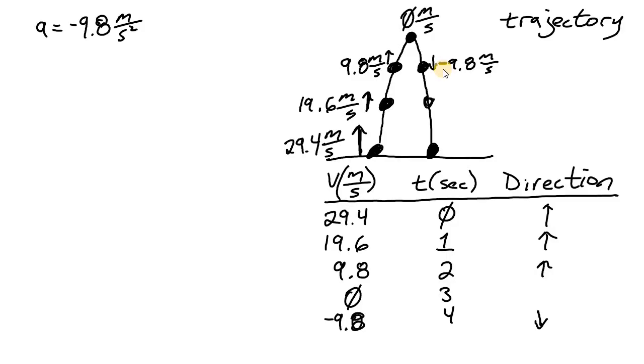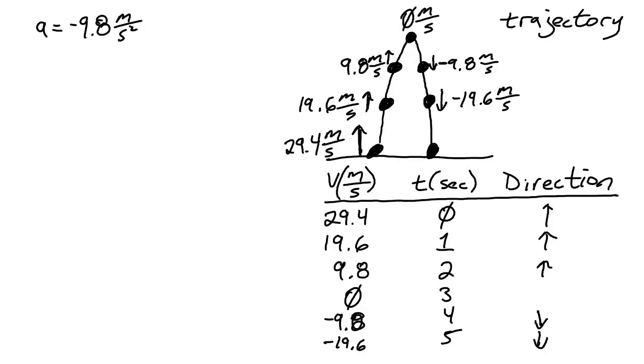What about after 5 seconds? What is our object's velocity? It's going to be negative 9.8 minus another 9.8, which is negative 19.6. And what is its direction? It's also downwards. So downwards at negative 19.6 meters per second.